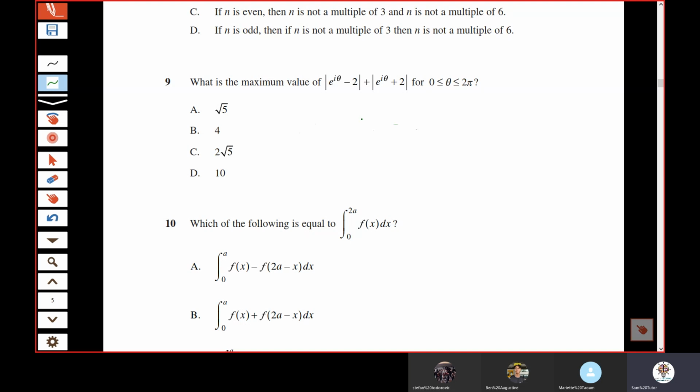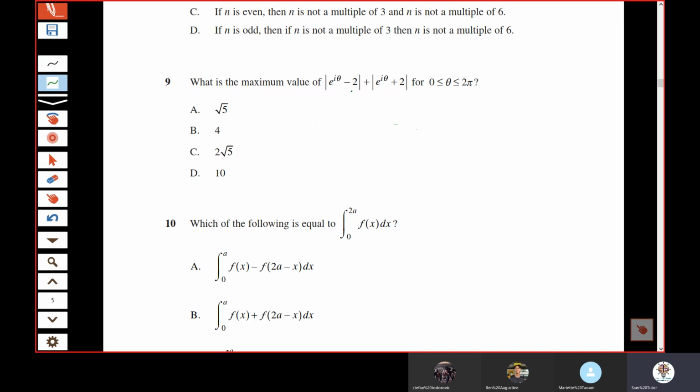I'm thinking of conjugates. Do not mix that up. Modulus of A plus modulus of B is not the same as modulus of A plus B. Isn't it times when you add the arguments? That's in polar form? Okay. So e^(iθ) minus 2 plus e^(iθ) plus 2.